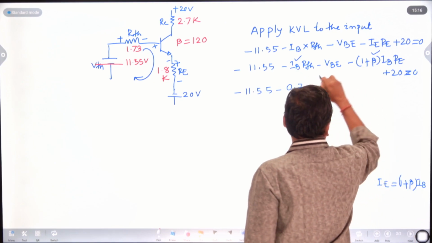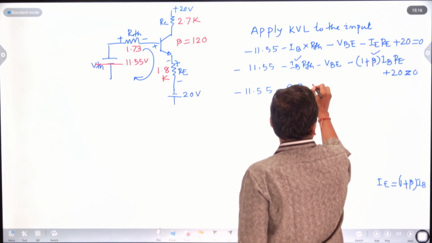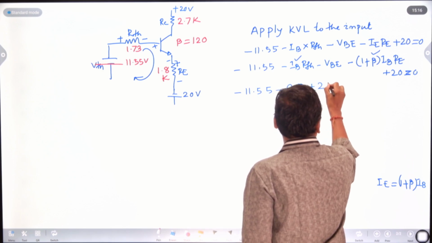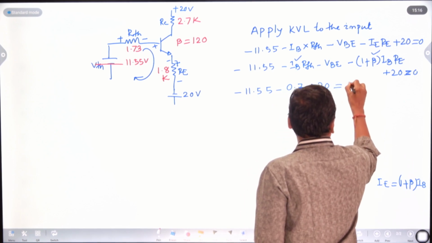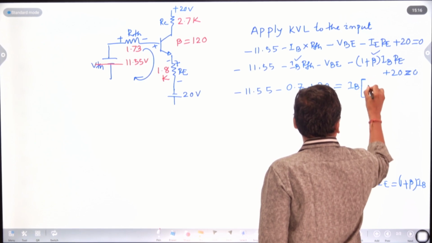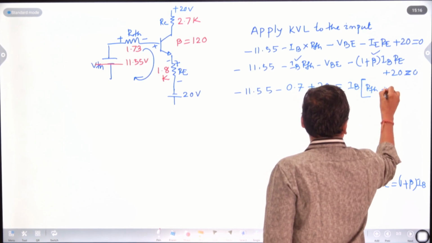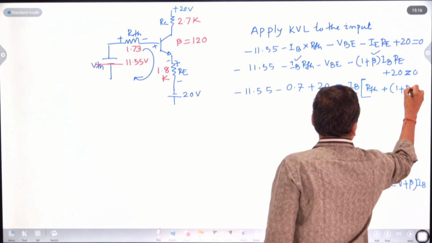This minus term goes to the right hand side, which becomes plus, and here plus 20 equals IB taking common, that value is RTH plus 1 plus beta whole into RE.